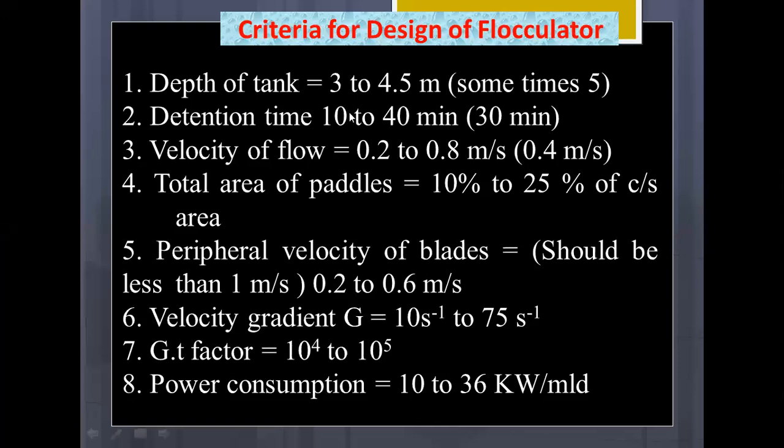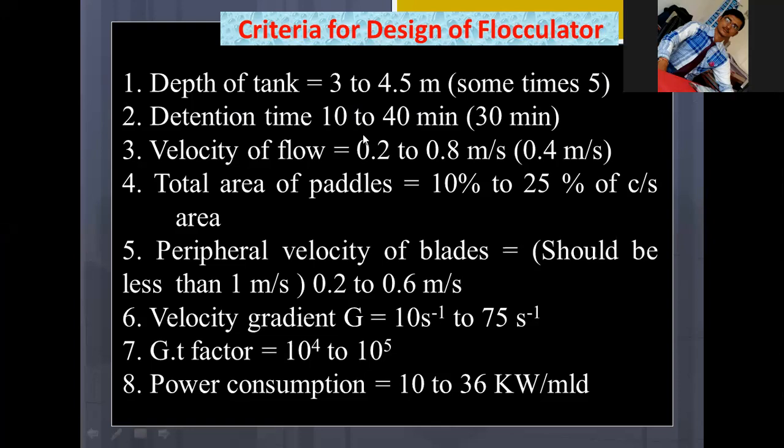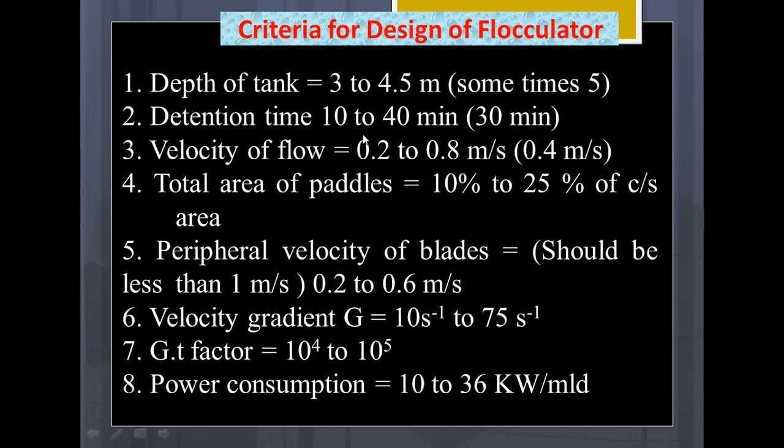Design of tank: depth of tank is equal to 3 to 4.5 meter, up to 5 meter. Detention time is equal to 10 to 40 minutes. Common value is 30 minutes.